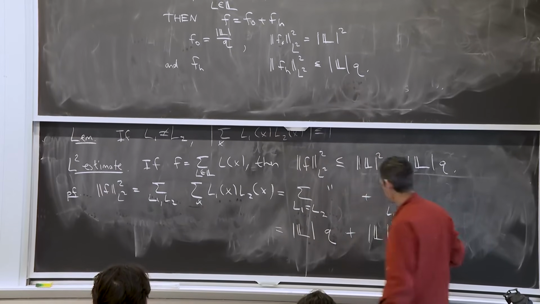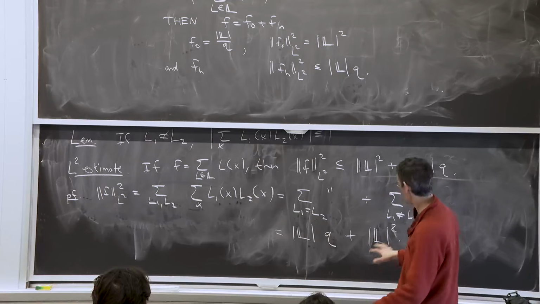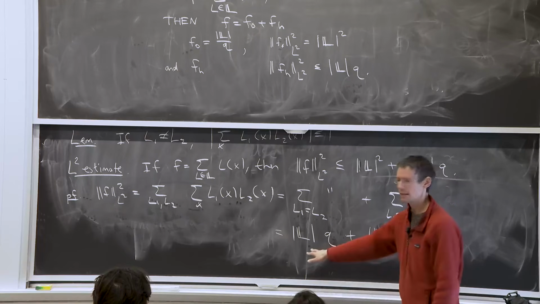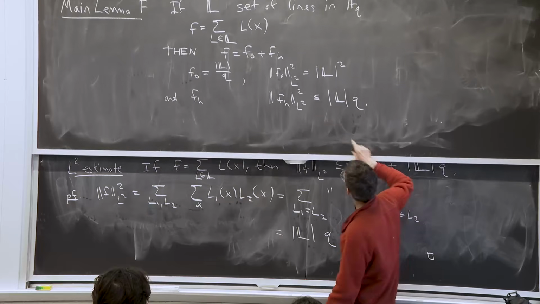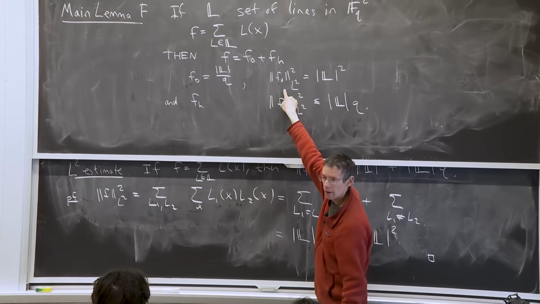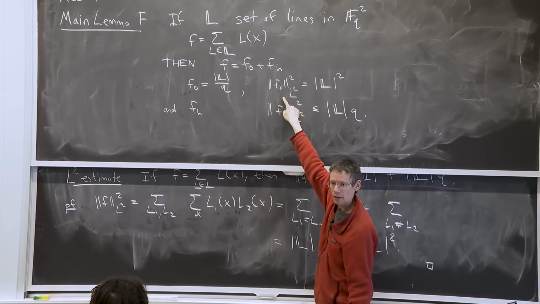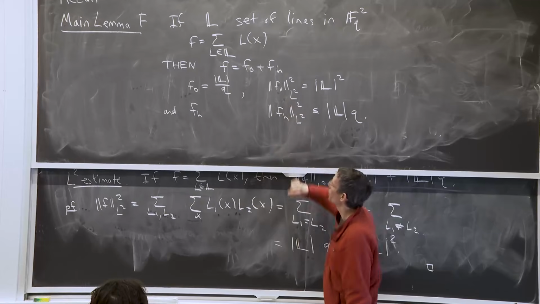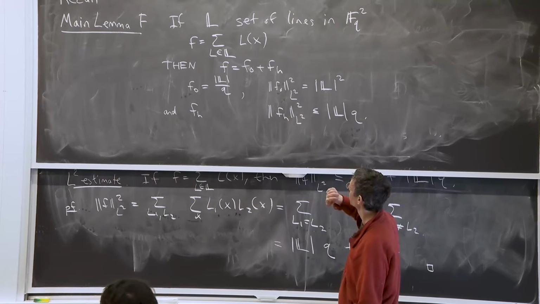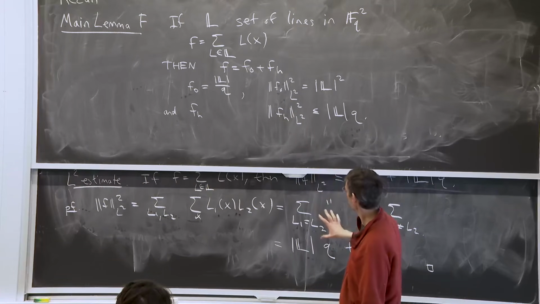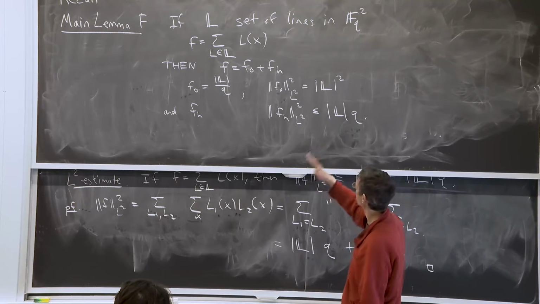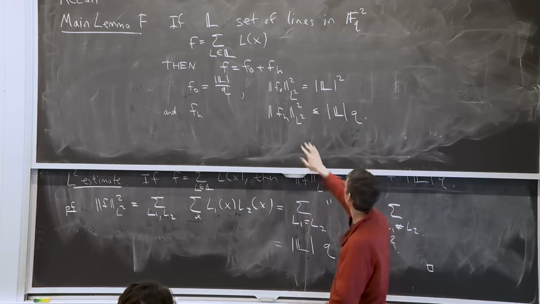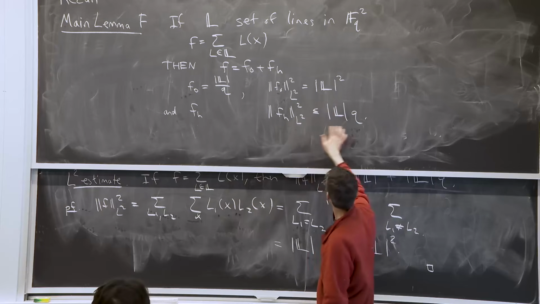But the other regime is that the number of lines is much bigger than q. So this dominates that. And in that situation, most of the L2 norm is coming from f naught, which is very special because it's constant. So the main lemma has an important piece of information beyond this, that when we have many lines, this sum is almost constant, and then it's a constant plus something that's much smaller.